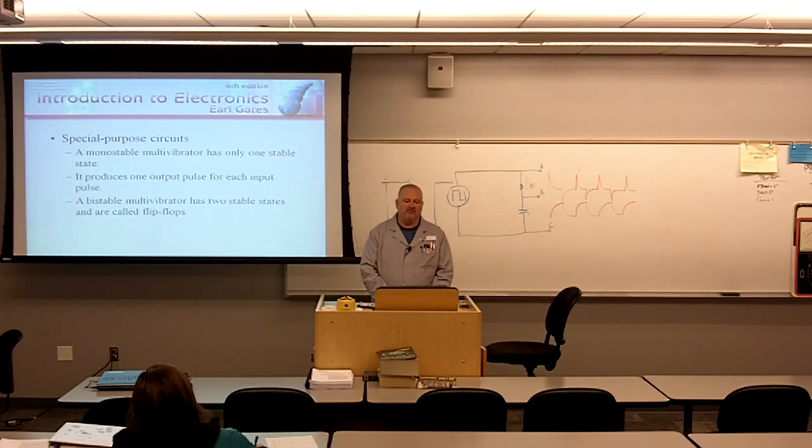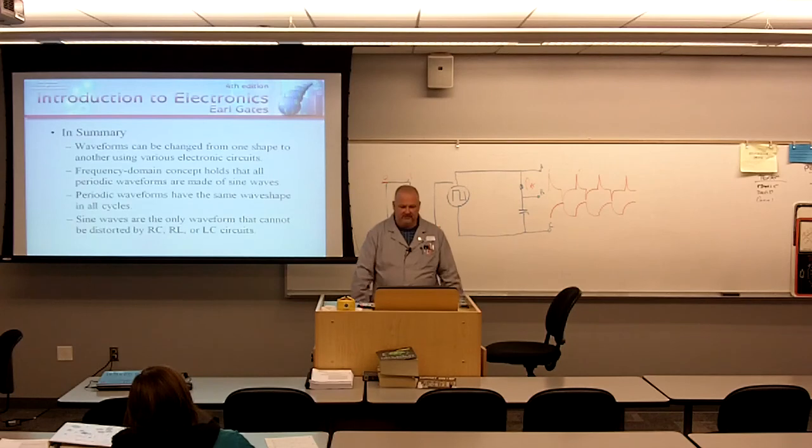And we're going to talk more about these bistable multivibrators in the future because they are the fundamental building block of digital circuits. Because in digital, as you'll soon find out in our next lecture, we deal with two stable states, on and off. All the magic in digital is brought to you by two stable states.